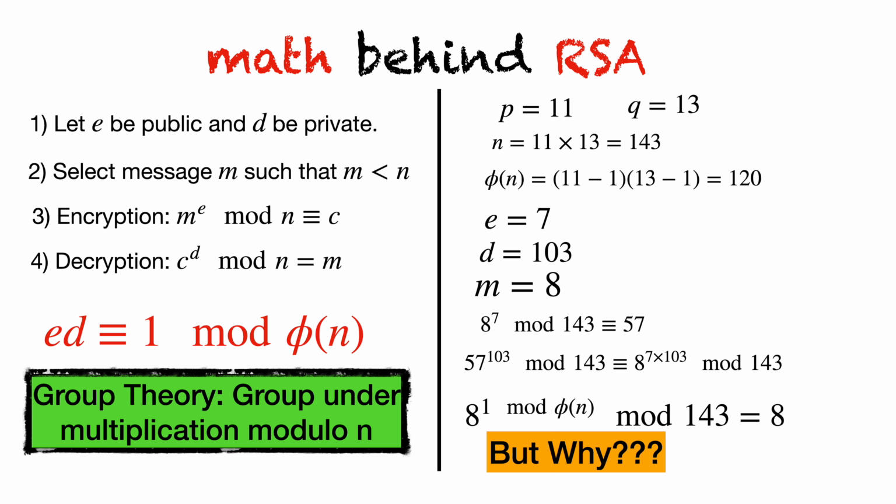And then if we do 8 to the power phi n plus 1, so 8 to the power phi n is the identity, which is here 1, the identity element in the group under multiplication. And so 8 to the power 1 mod phi n is basically 8 only. So the answer is in group theory. All of these concepts, like group theory and the extended Euclidean algorithm, we will cover in our future videos.